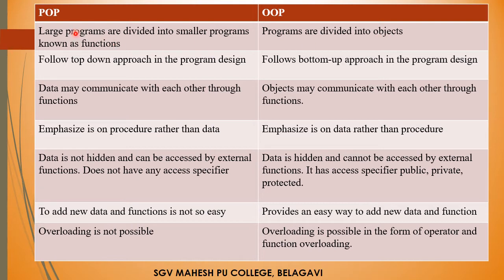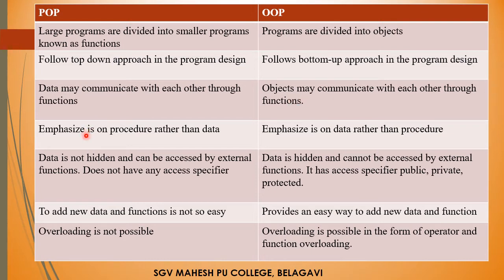Procedure oriented follows a top down approach, whereas object oriented follows a bottom up approach. In procedure oriented, data may communicate with each other, but they communicate with the functions. If you go for object oriented programming, objects communicate with each other with the help of functions as well as objects.